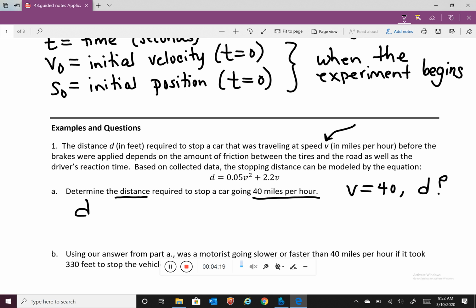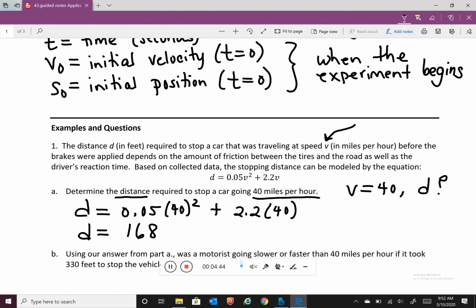So that means d is equal to 0.05 times 40 squared plus 2.2 times 40. And when we substitute this into our calculator, we get d is equal to 168.